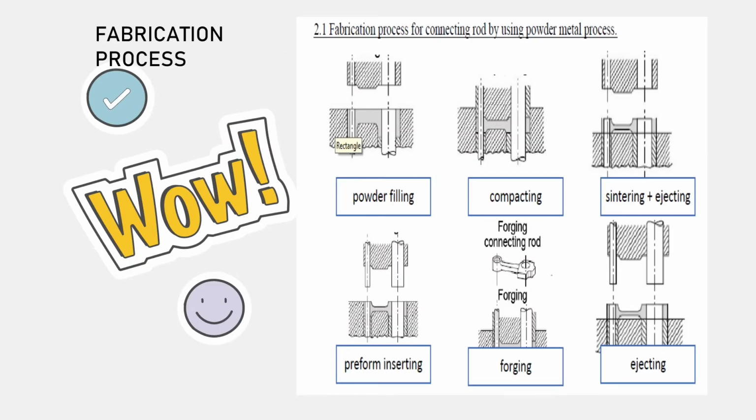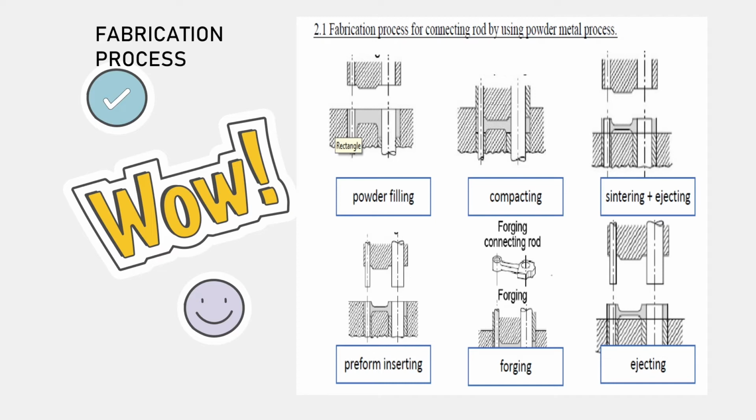Then I will proceed with the fabrication process. Fabrication process for the connecting rod by using powder metal process. The first process is powder filling. Next, compacting. Next, sintering and ejecting, followed by preform inserting, forging, and the last one is ejecting.